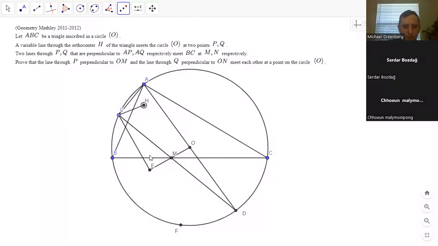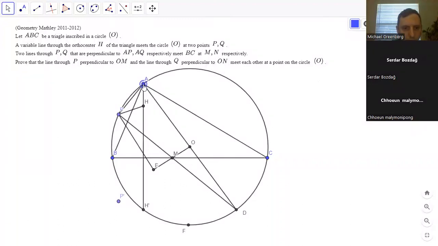H prime and P prime. I don't know if we want to draw this cyclic quad, because we want to use that this is a right angle, right?